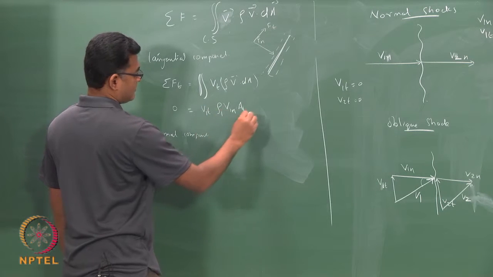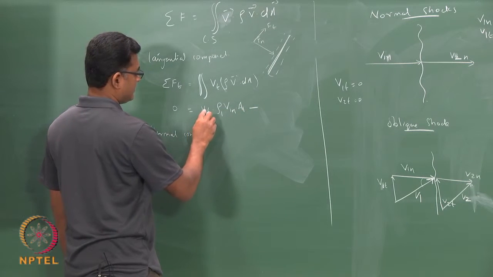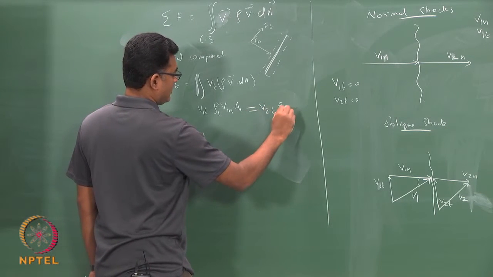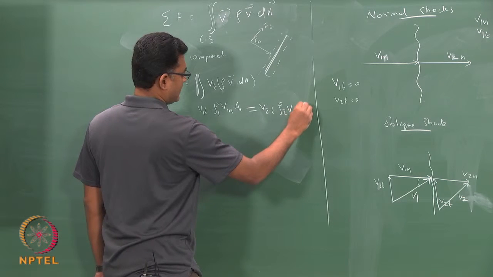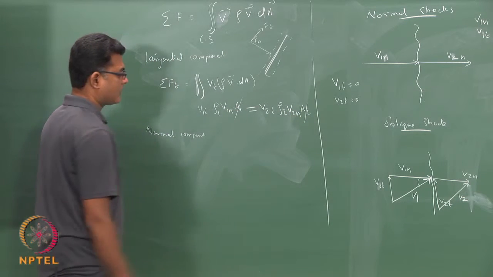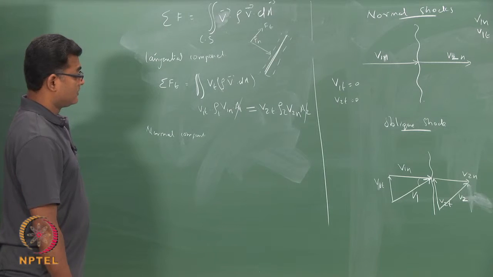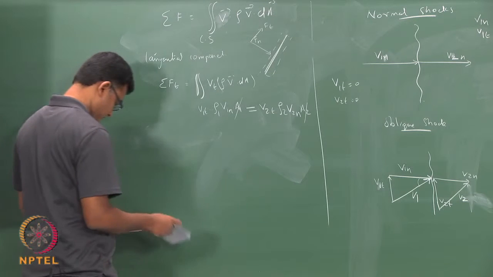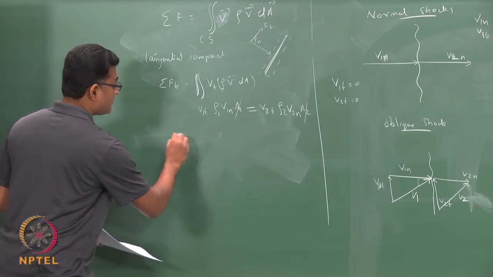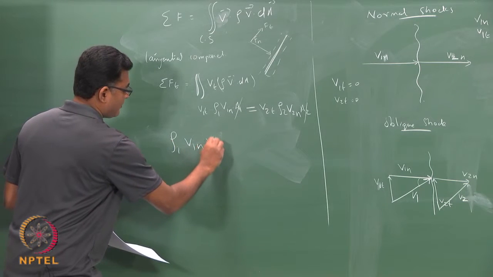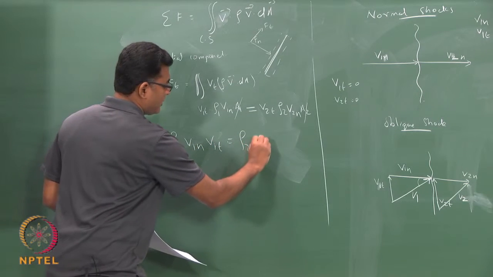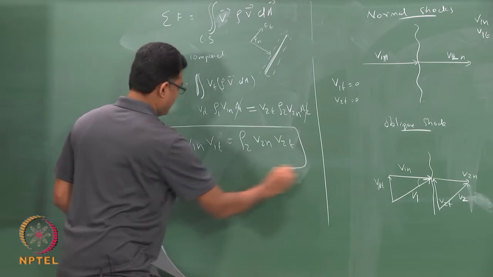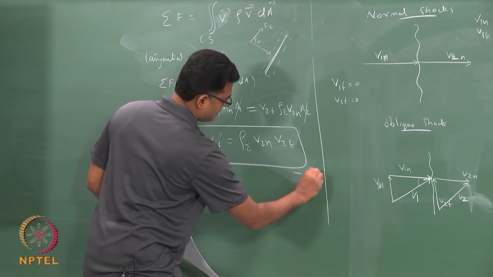So, I can write it as equal to V2t rho 2 V2n into A2, and A1 and A2 cancel out. So, you end up with this equation: rho 1 V1n V1t equals rho 2 V2n V2t. This is my tangential component equation 2.